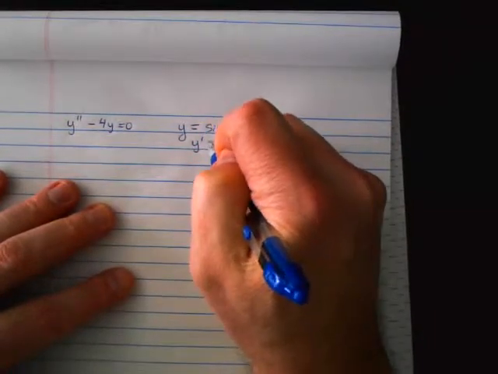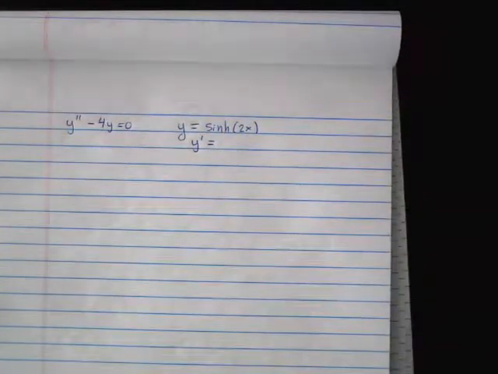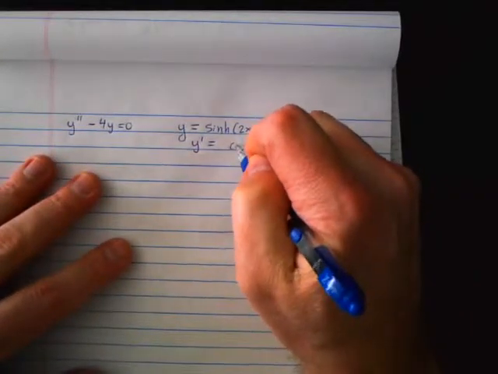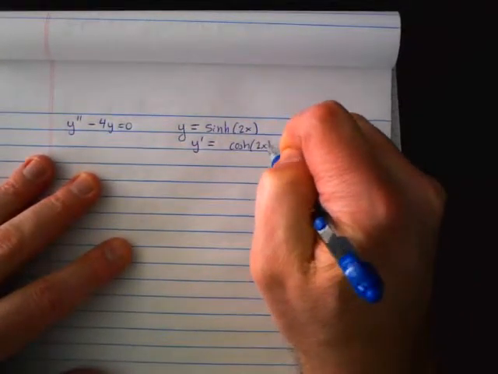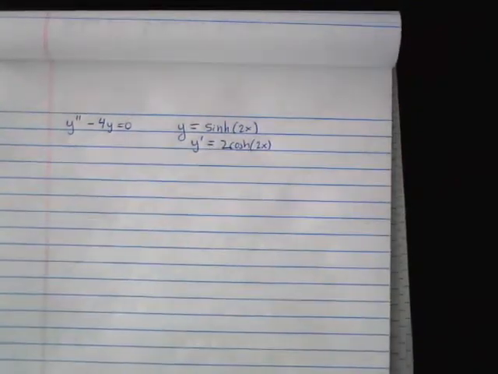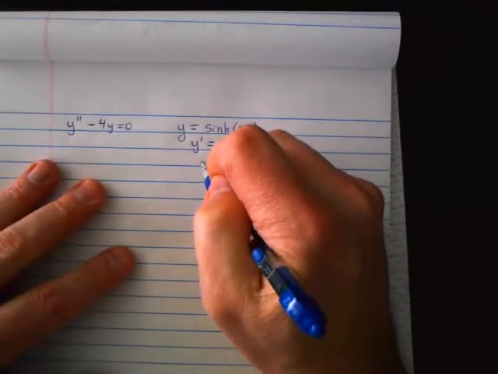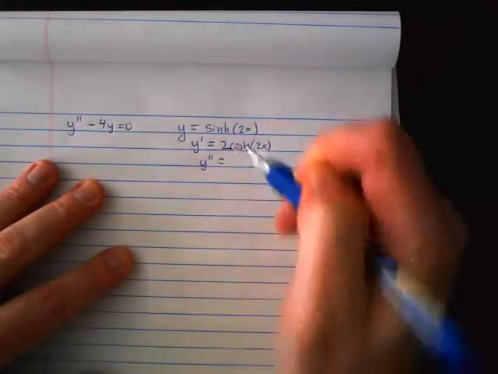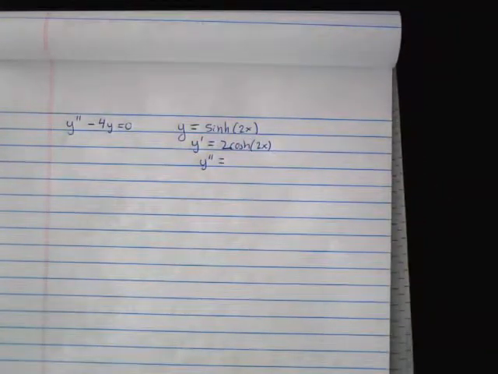y prime is, what's the derivative of hyperbolic sine? Hyperbolic cosine. So we're going to have hyperbolic cosine of 2x. Chain rule, we got to multiply by a 2. And then y double prime, what's the derivative of hyperbolic cosine? Hyperbolic sine. There's no little minus sign in there like there was with the sine and the cosine.